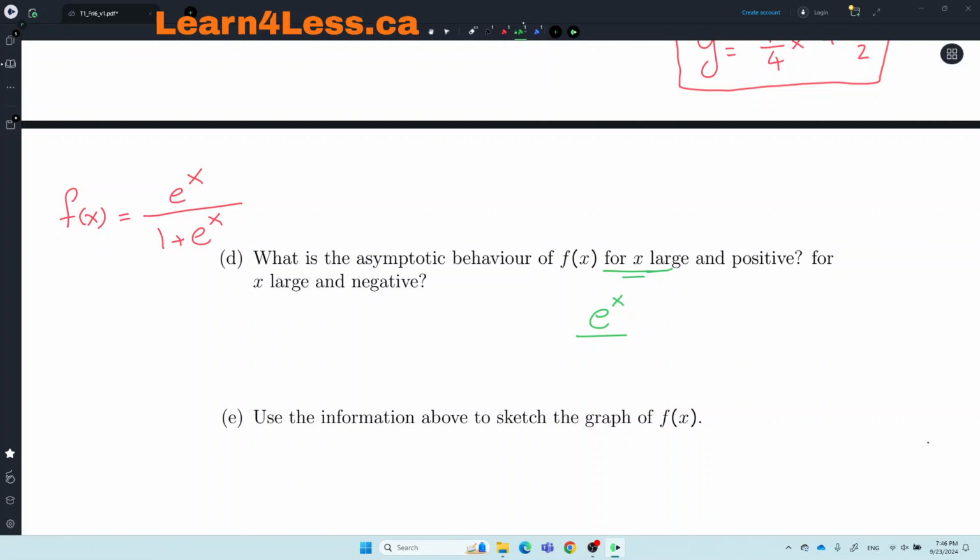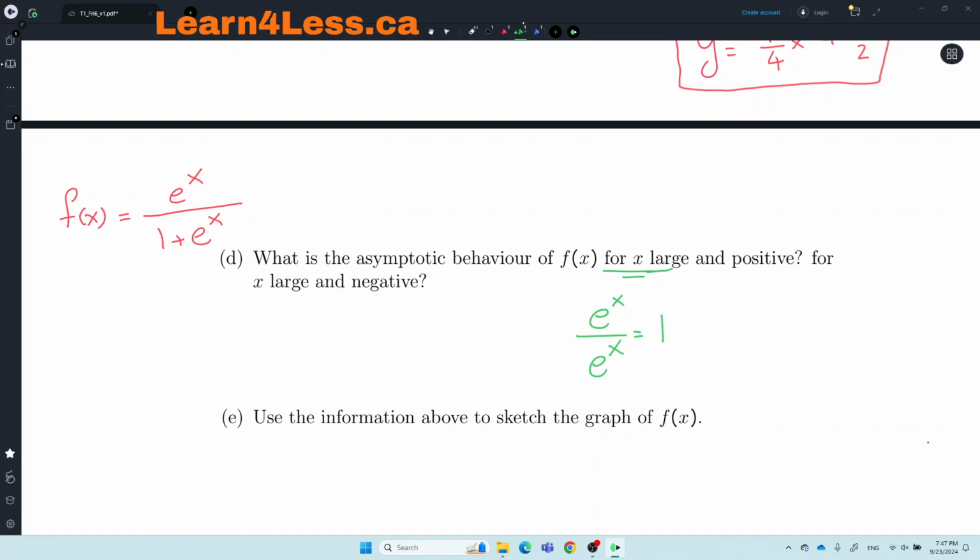So that plus 1 is basically nothing. It is irrelevant. So you can ignore that one and say it behaves like this function. So let's simplify that, and it's just 1.